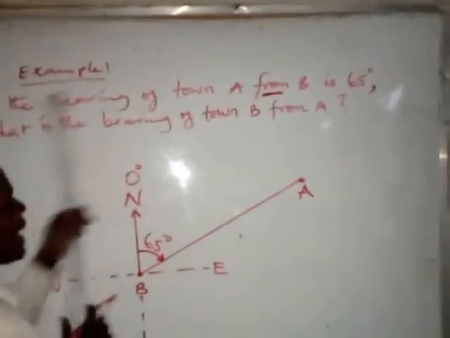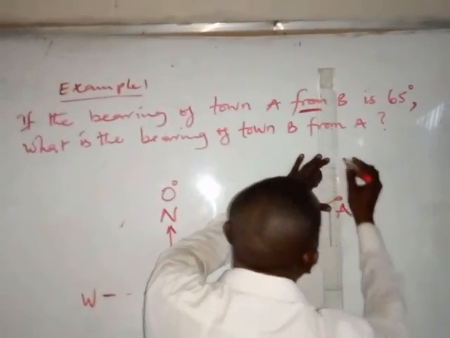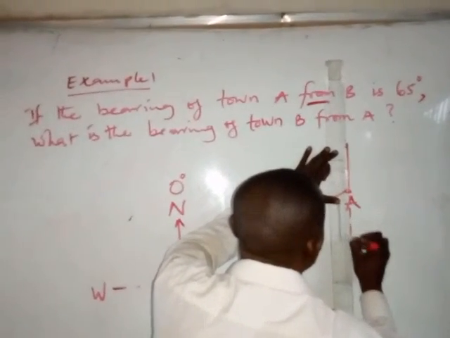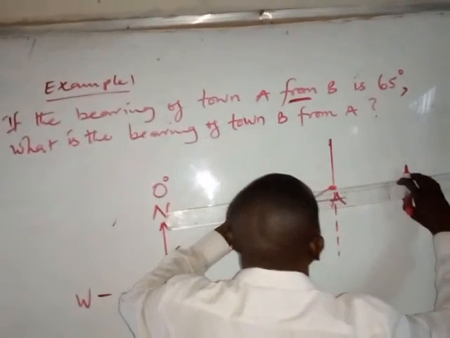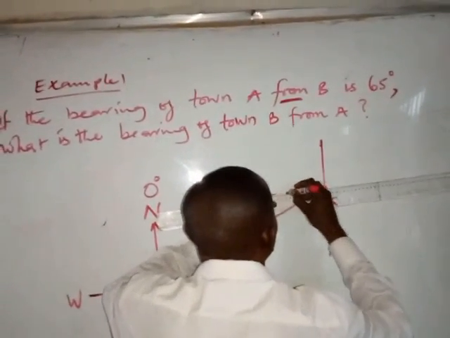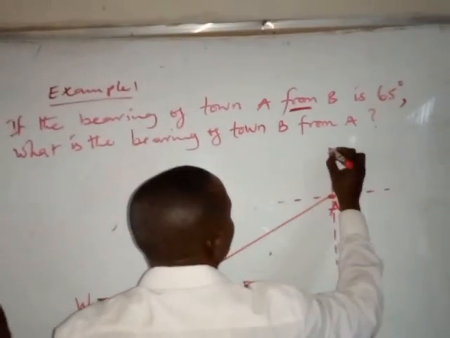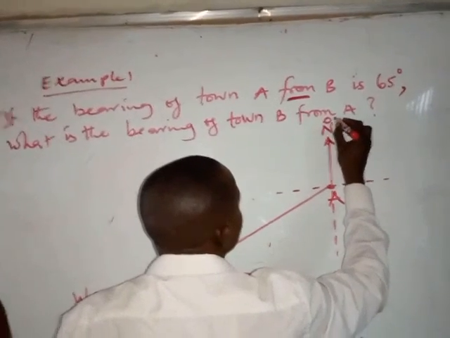Beautiful. Now, at town A, look at town A. At town A also have a true north position, okay, which I also have my cardinal points. Watch. You see, this is my true north position, which is N, which is 0 degrees.